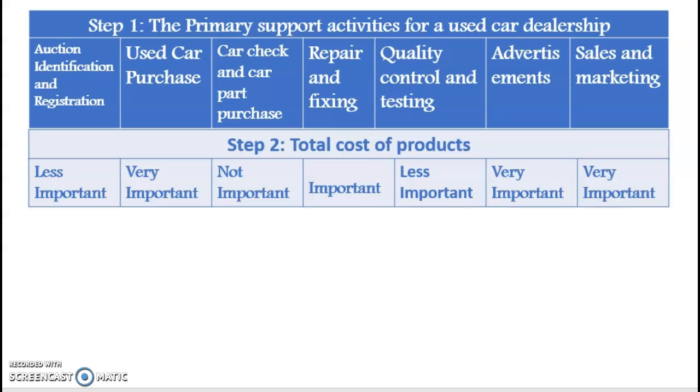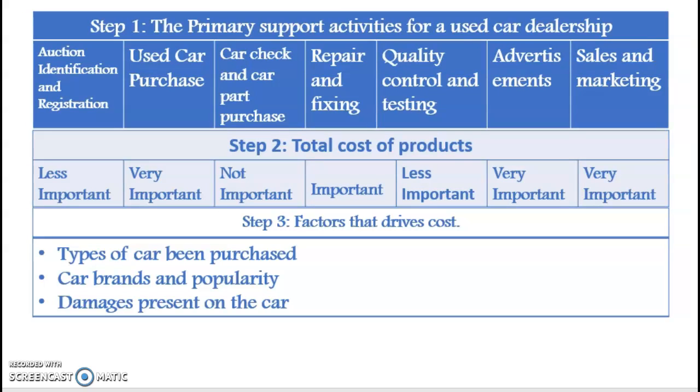The car check and car parts purchase is not important. Repair and fixing is quite important. Quality control and testing is less important. Advertisement is very important, and sales and marketing is very important as well.